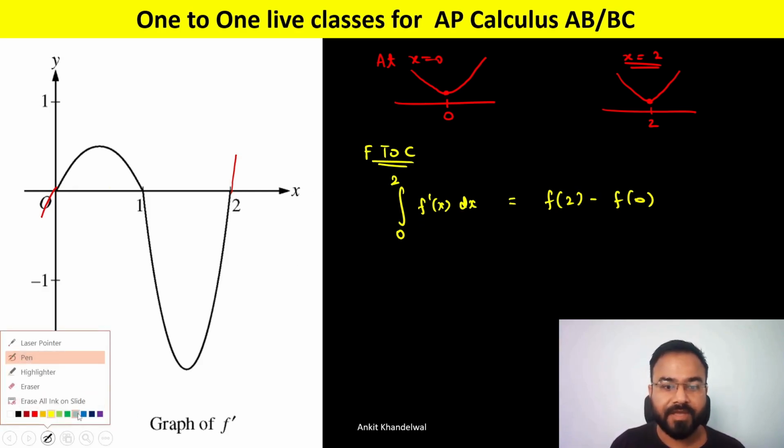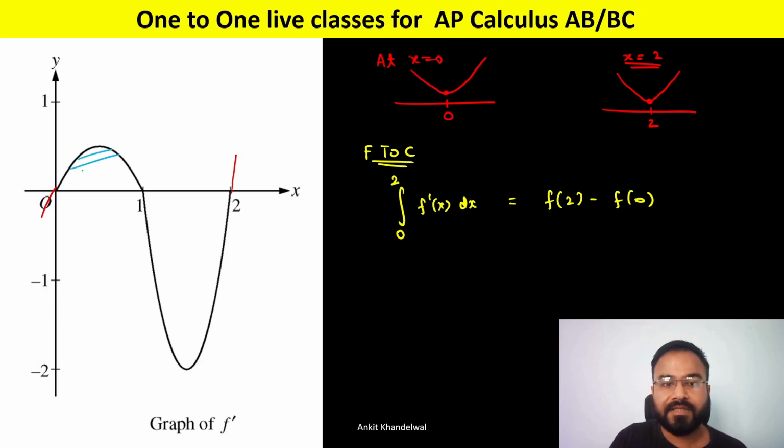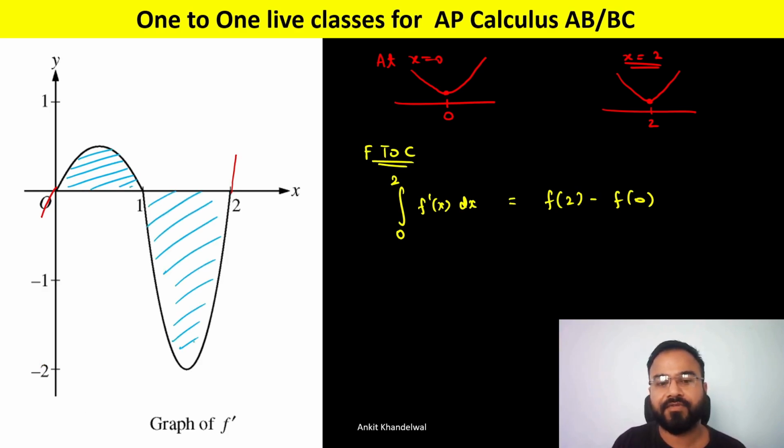So here we will see this area from 0 to 1 and 1 to 2 is this area. This is the complete area from 0 to 2. By looking at the graph, we can clearly see that the area from 0 to 1 will be positive. Area from 1 to 2 will be considered as negative because the graph is lying below the x-axis. And we can also see that the negative region is way more than the positive region.